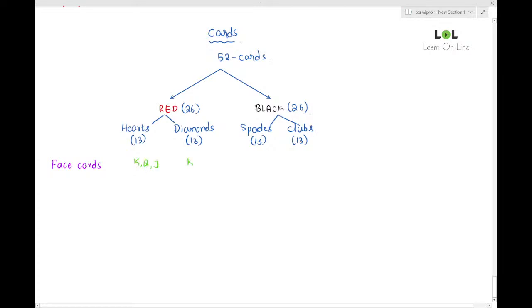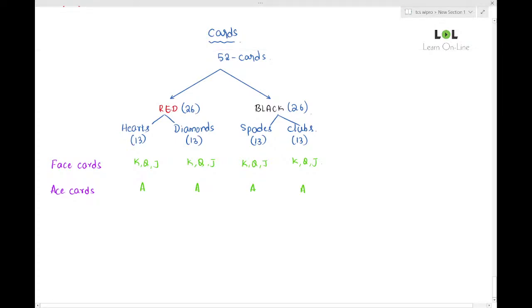In diamonds as well, we'll be having king, queen, jack. Here also king, queen, jack. Here also king, queen, jack. Next, we will have something called ace cards. Look, few people combine ace cards with the face cards. That is wrong. Ace cards are different. They are not face cards. So every suit will have one ace card.